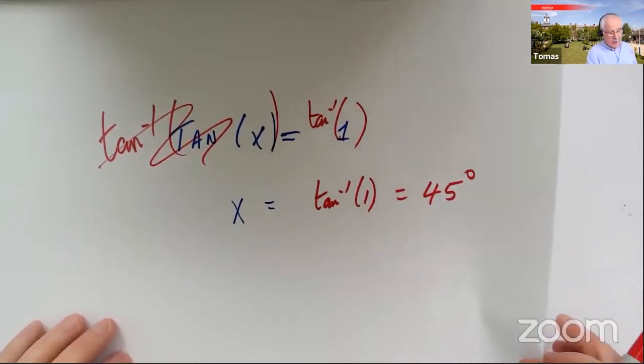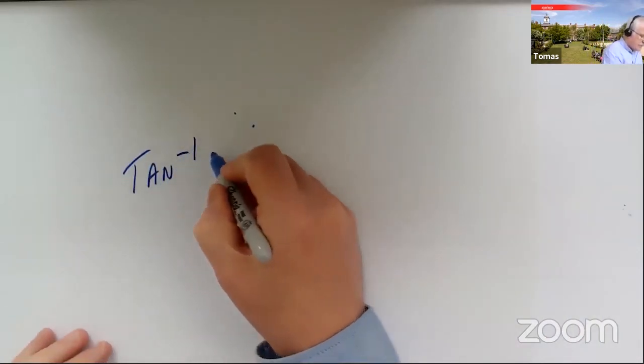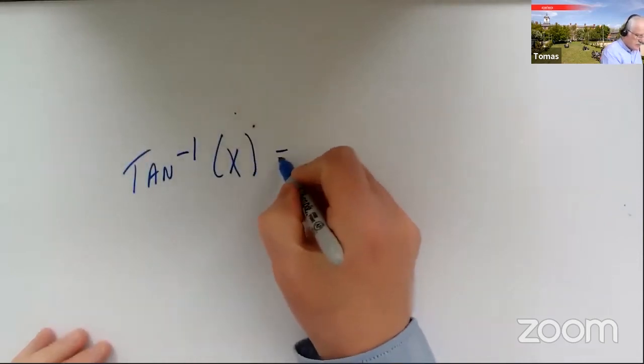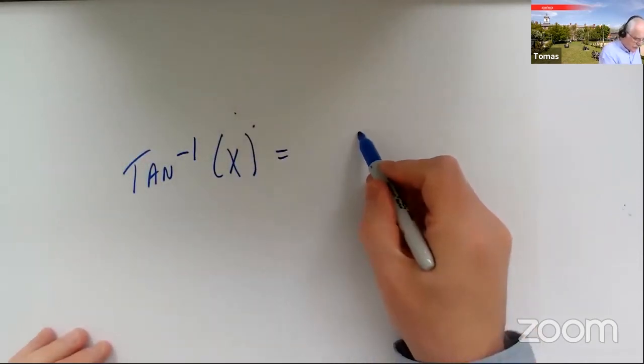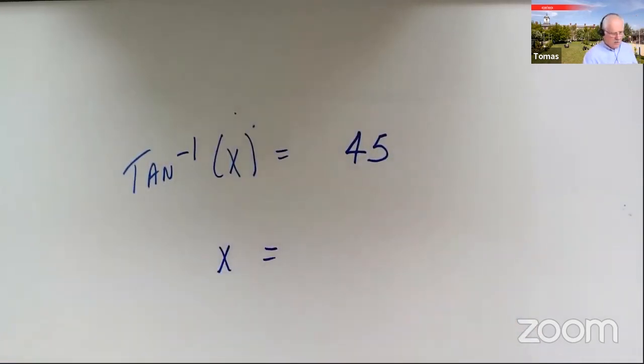And it works the other way around too. So let's say you get an exam question and it says inverse tan of x is 45. What's x? You say, I never liked the inverse tans. They're really awkward. I can get tan, I never liked the inverse.